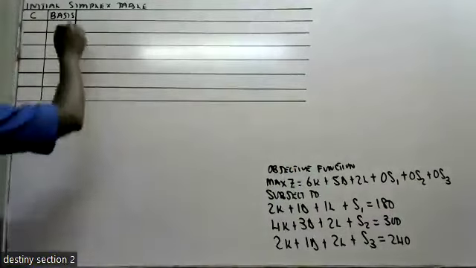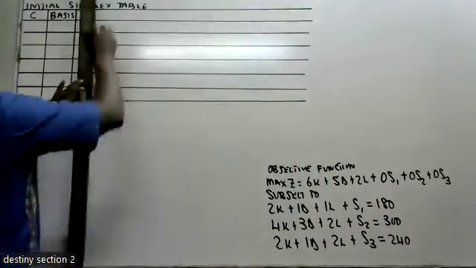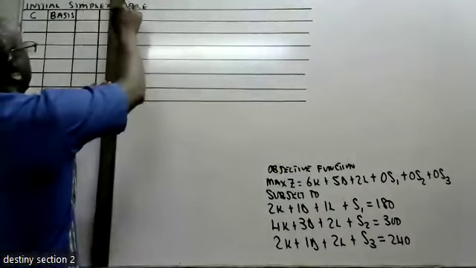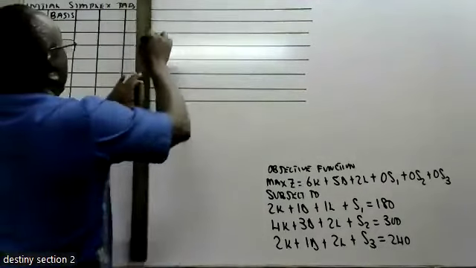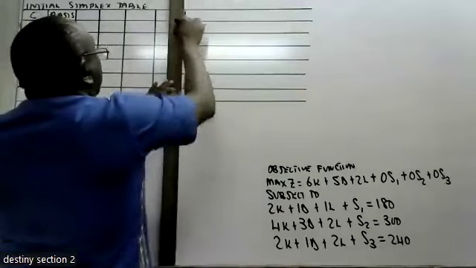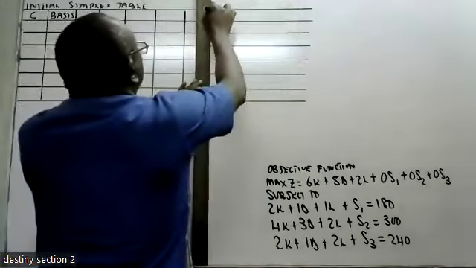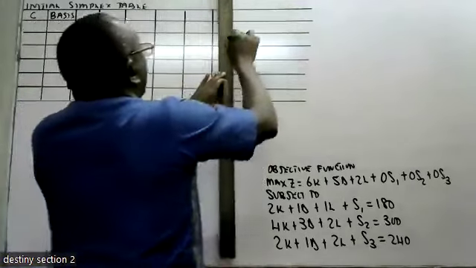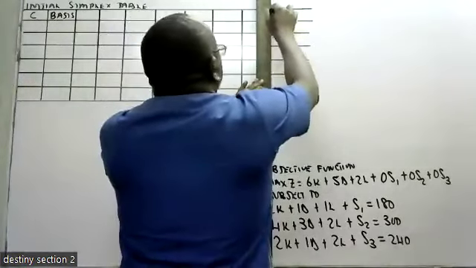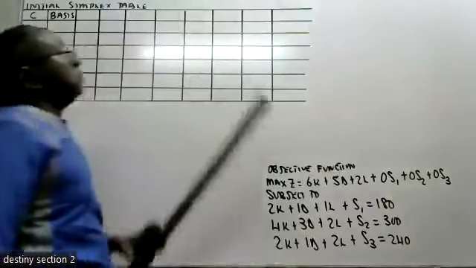So I'm going to have a space for K, a space for D, a space for L, a space for S1, a space for S2, a space for S3, and another space we call BI.